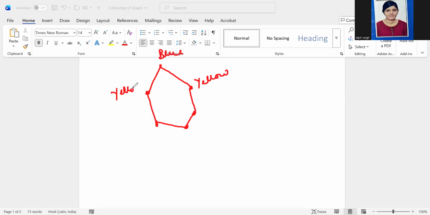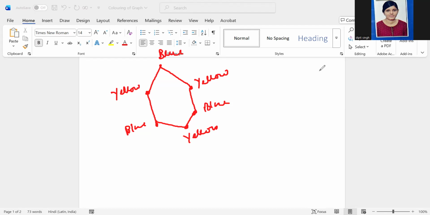Then you can color the next by blue, and also the next by yellow. So only two colors are needed to color this graph. Remember only one thing, that no two adjacent vertices have the same color.